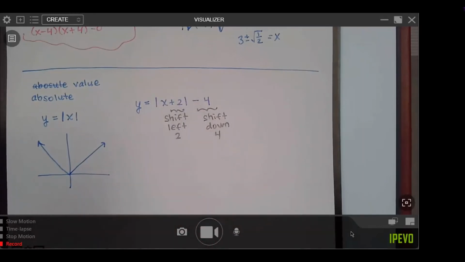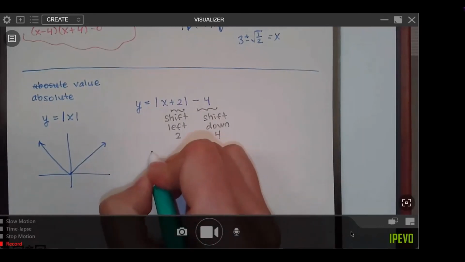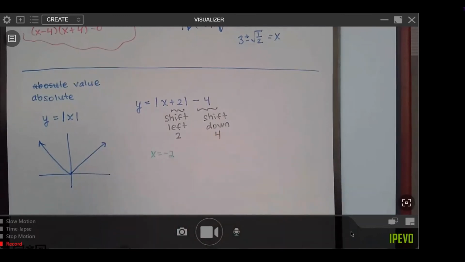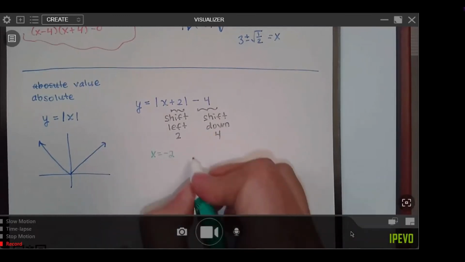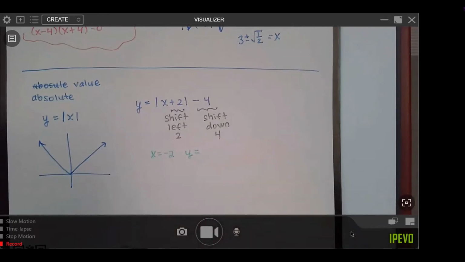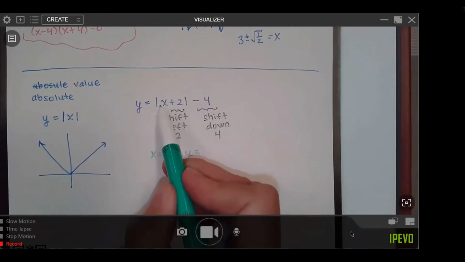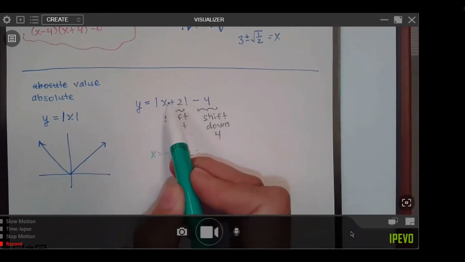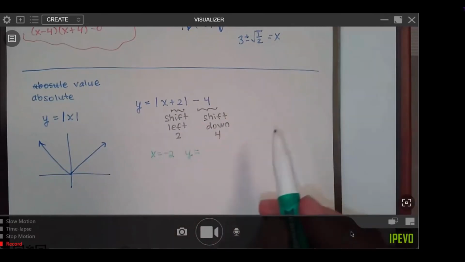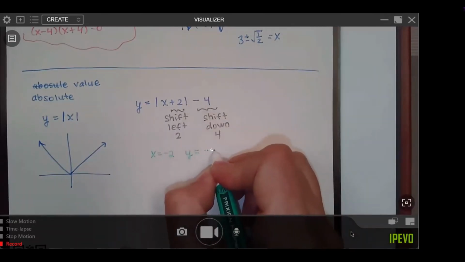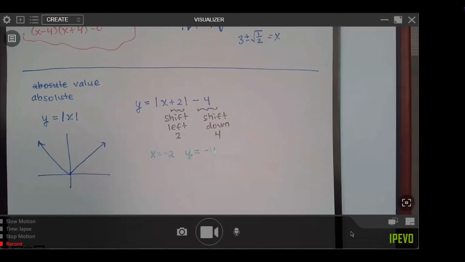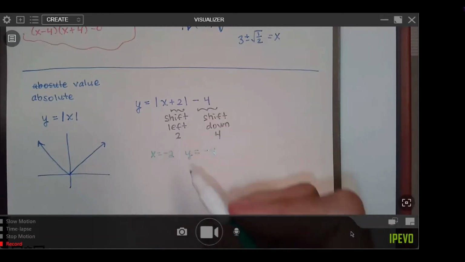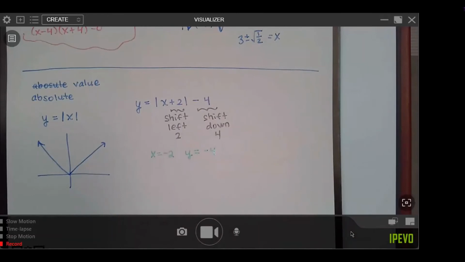Then if x is -2 and we plug that back in, what do we get for a y value? So if I plug that -2 in, -2 plus 2 is 0. That was the whole point. 0 minus 4 is -4. So it's setting that part equal to 0.